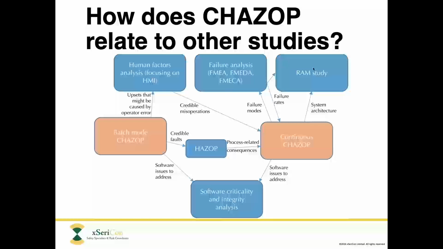So for this talk today, I'm going to distinguish between two different studies, which might both be called CHAZOP. On the left side, you can see a box that says batch mode CHAZOP. Now, what I'm referring to there is, supposing you have a computer-controlled sequence of operations, for example, a batch operation, or it could be something like a startup or shutdown sequence for a piece of equipment.